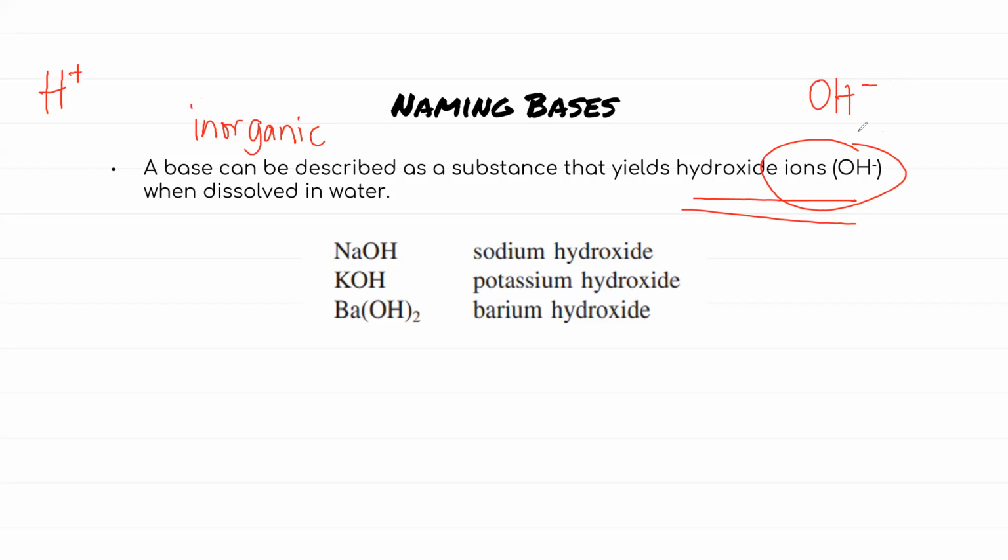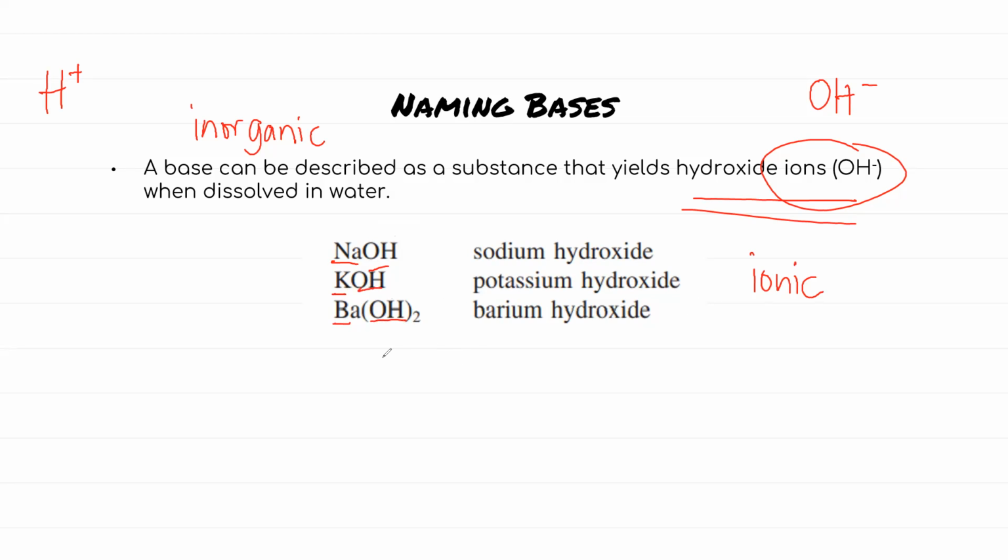So what are the examples of our bases? The NaOH, KOH, Ba(OH)2. May hydroxide talaga sila, class. So the naming also follows, class, the ionic compounds naming. Kasi this is metal, this is metal, this is also metal.